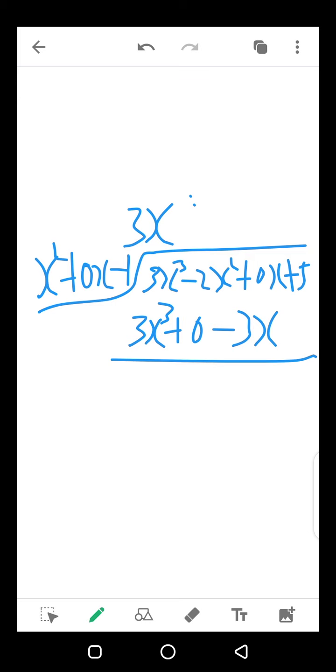Okay, so we now subtract. 3 minus 3 is 0, minus 2x raised to power 2 minus 0 will give us minus 2x raised to power 2.